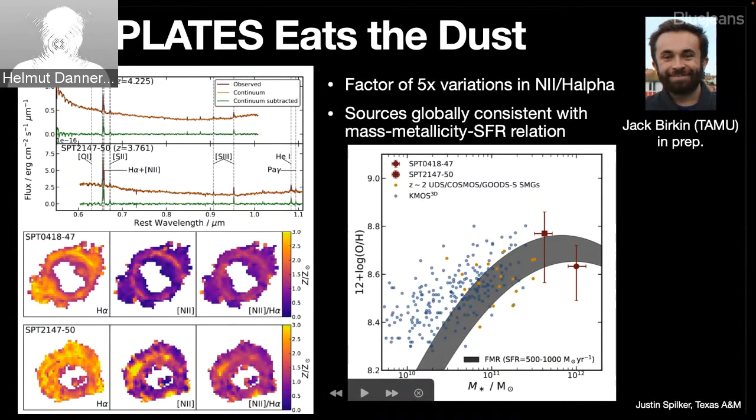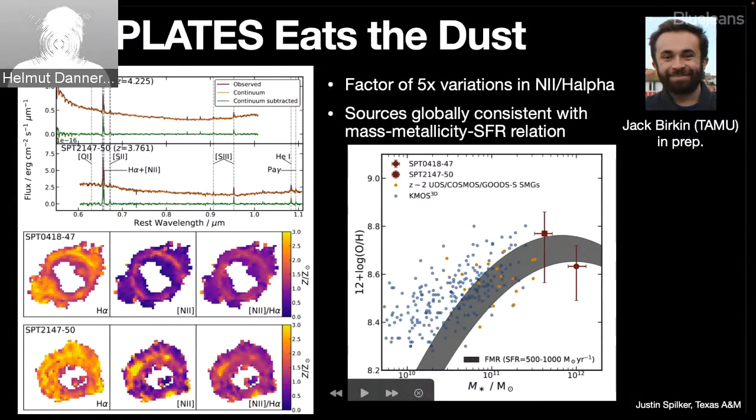And so these sorts of observations were very, very difficult. What he finds, by making these maps of the resolved N2 to H alpha, is that, and we know this isn't the best metallicity indicator in the world, these 2 galaxies, even though they're forming stars at a rate of 1,000, seem to be very consistent with the relationship that you expect between mass, metallicity, and star formation rate for galaxies.